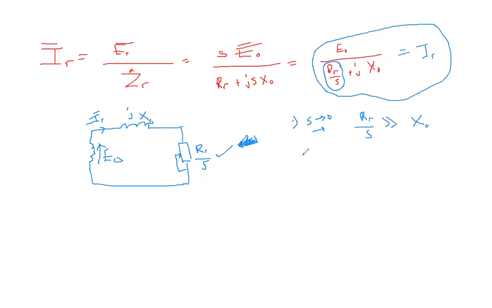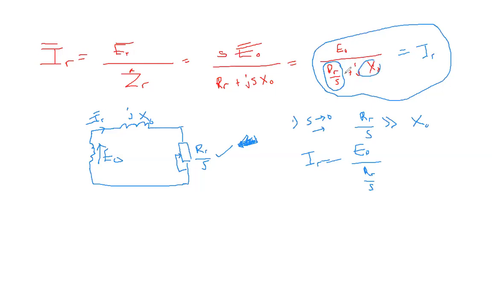That means our current is only going to be affected by this term. So the current is going to be E naught over R over S, because this other part we just consider to be zero. When this part is larger than this one, we consider it to be zero.